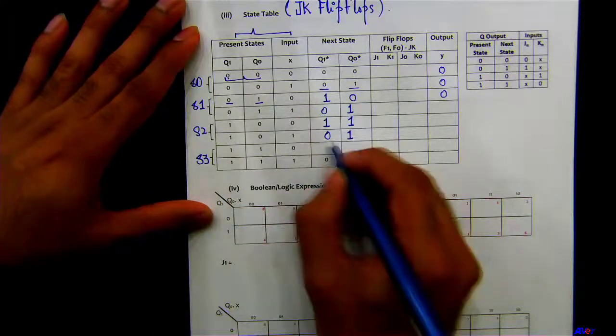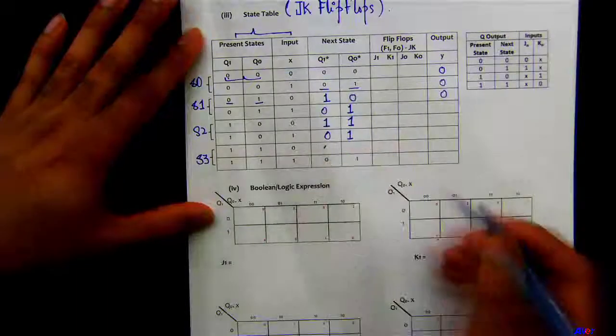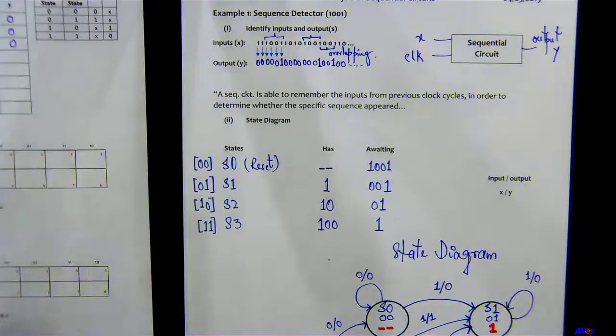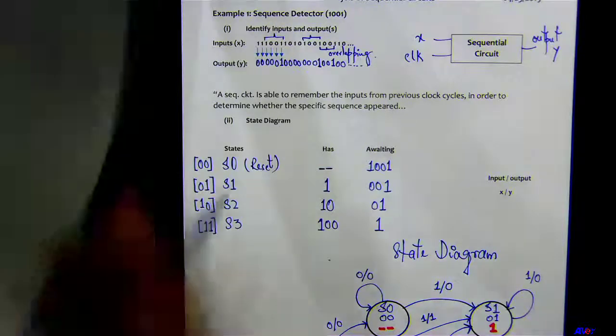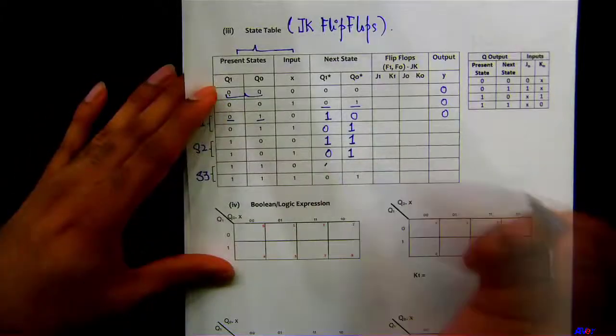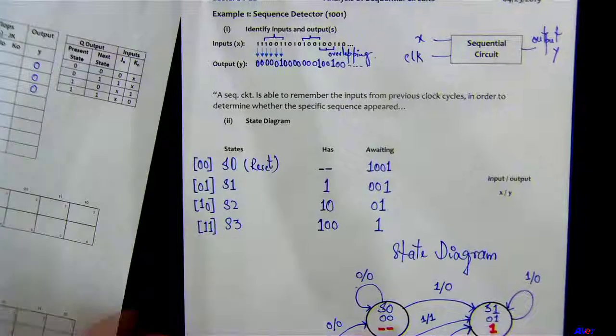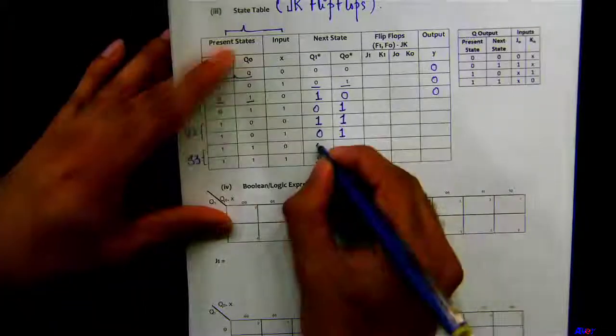Where does it go? Sorry, 1 comes in, it goes to 0, 1, correct? Which is right here. And then 1, 1, 0 comes in, it goes to 0, 0. So this is 0, 0.